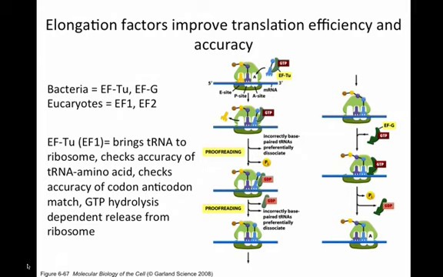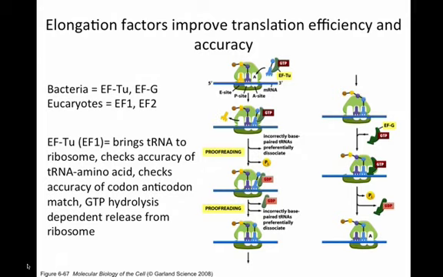So there are two different elongation factors involved in this: EF-Tu and EF-G in bacteria, and EF1 and EF2 in eukaryotes. EF for elongation factor. So if on the exam I say anything about EF something, you already automatically know it has to do with translation elongation.